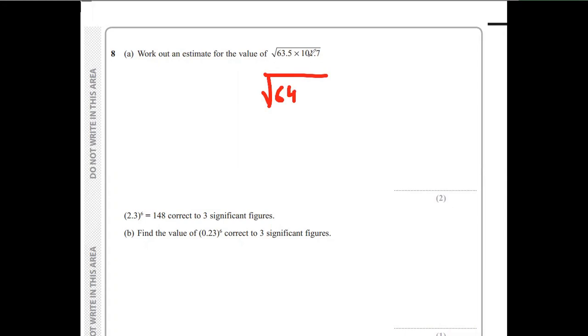And the most significant figure in 101.7 is in the hundreds place. If I round this number to the nearest 100, it will become 100. And we know that the square root of 64 is 8, and the square root of 100 is 10. So 8 times 10 is going to be 80.